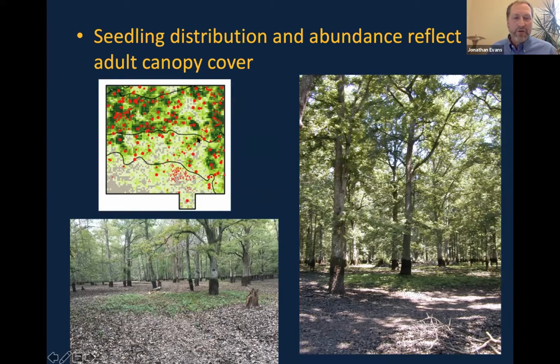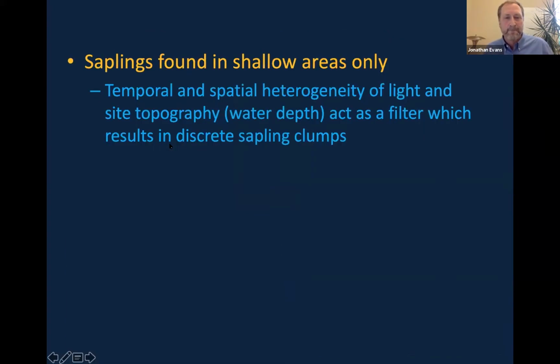And then what's superimposed on here is the distribution of seedlings, which are basically 1 to 3 year old individuals less than 0.5 meters tall. And they're found in discrete patches, typically underneath the trees in which the seeds were born. And they're also found throughout the plot. So adults and seedlings are found throughout the entire plot.